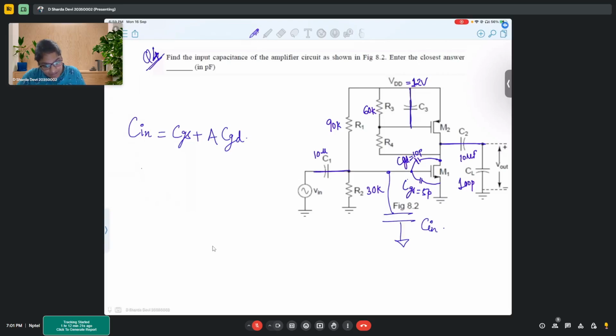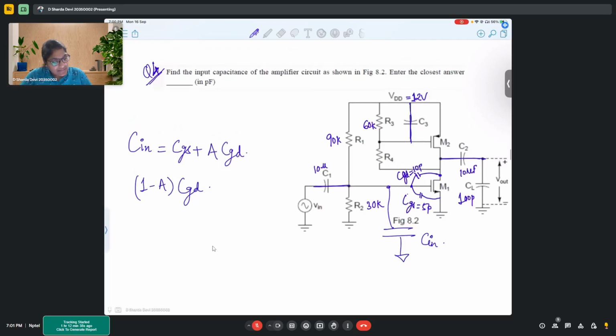To be very accurate, it would be 1 minus A into CGD. Now, this gain is actually the gain of the amplifier, right? Because this is output and this is input, the gain that you will obtain is basically because of the whole circuit.